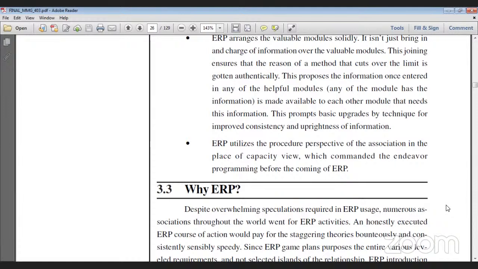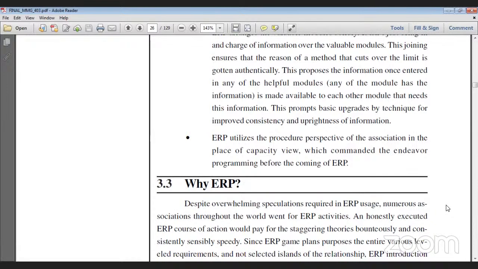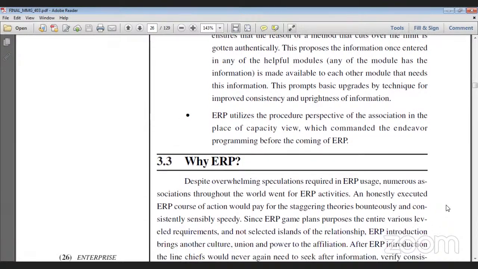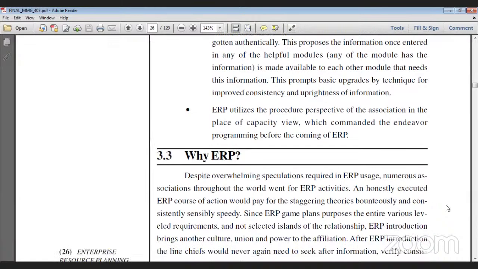As honestly executed, an ERP course of action would pay for itself, and consistently sensible and speedy, since ERP plans, purposes, and entire various level requirements are not selected. Here, islands of the relationship are there. ERP introduction brings another culture, union, and forward looking affiliation.